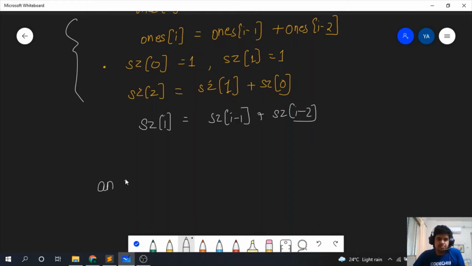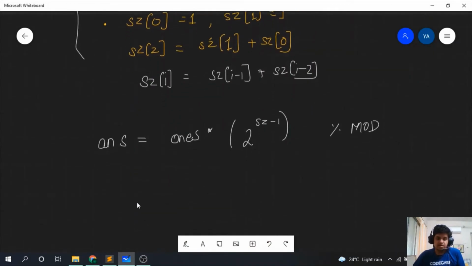So what is the answer equal to? Answer is equal to ones into 2 to the power size minus 1. But there is a bit of a problem over here because we need to give the answer modulo the mod value which is given to us, 10 to the power 9 plus 7.